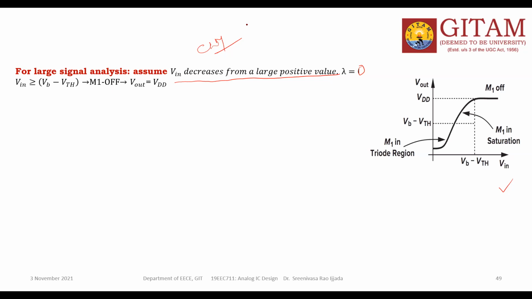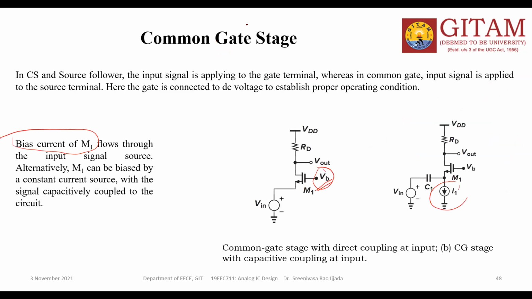Whenever M1 is off, if you go to the previous circuit, whenever this device is off, what happened? You can collect the output here. Since the device is off, no current is flowing between the supply rails, so there is no drop across RD.